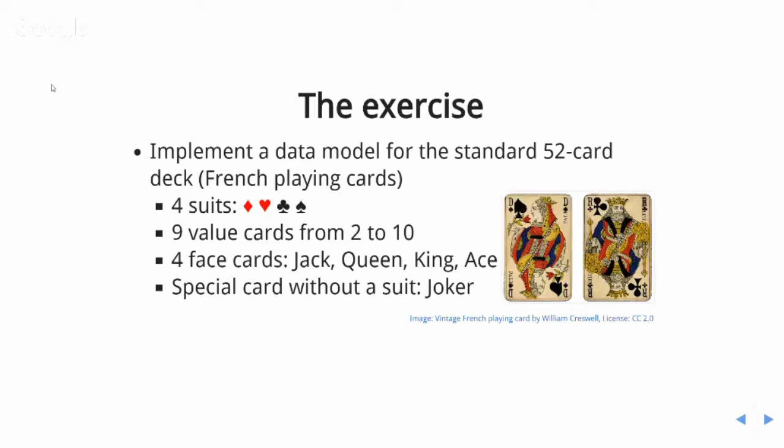And there is one special card, which is the joker. And that is special in that it does not have a suit. So this is the domain for which I would like to implement a model. It is a really simple domain, but it has enough quirks to use it as an example.